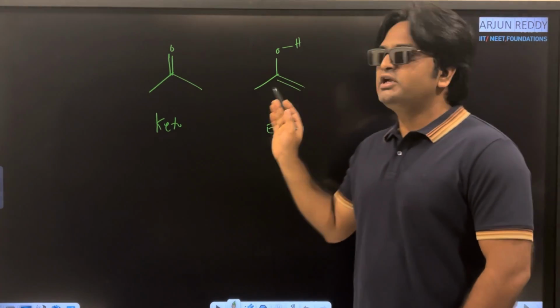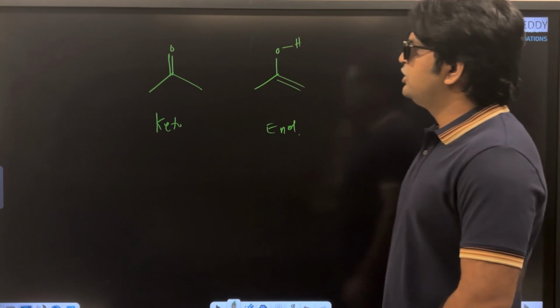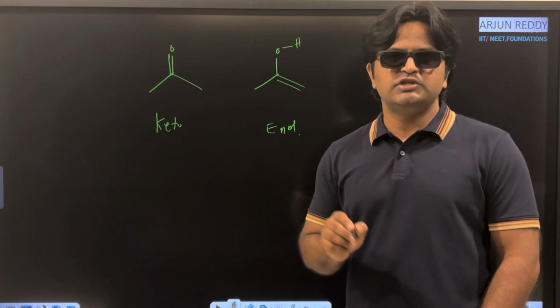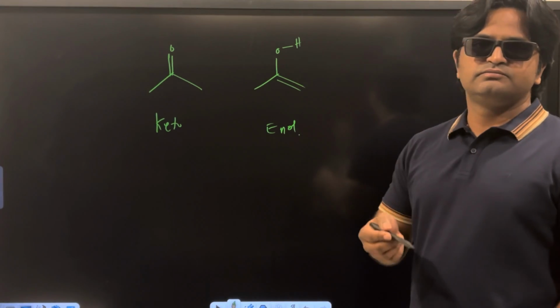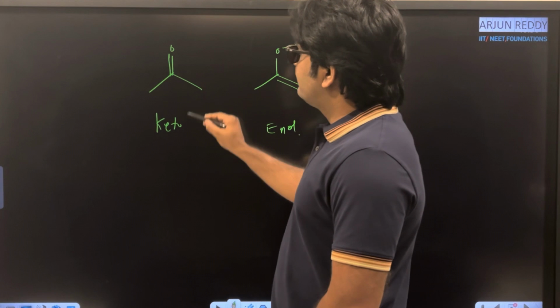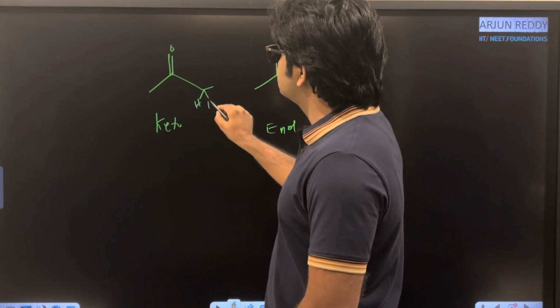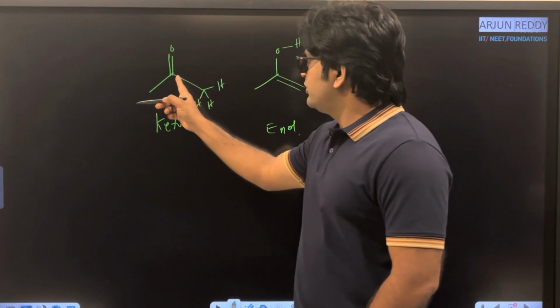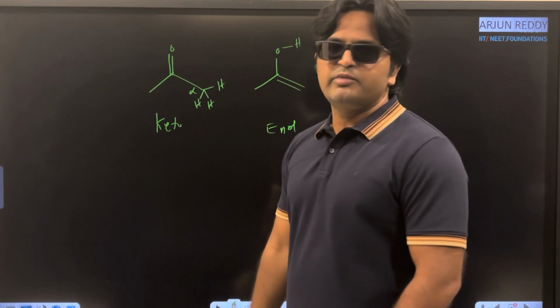So how are we converting that keto form into enol form? If you want to convert keto form into enol form, first we are going to ask the hydrogen atom, just one question: where are you from? Now in the first molecule, the ketone, how many hydrogen atoms are present? Yes, there are 3 hydrogen atoms. We know that the carbon adjacent to the carbonyl carbon is designated as the alpha carbon atom.